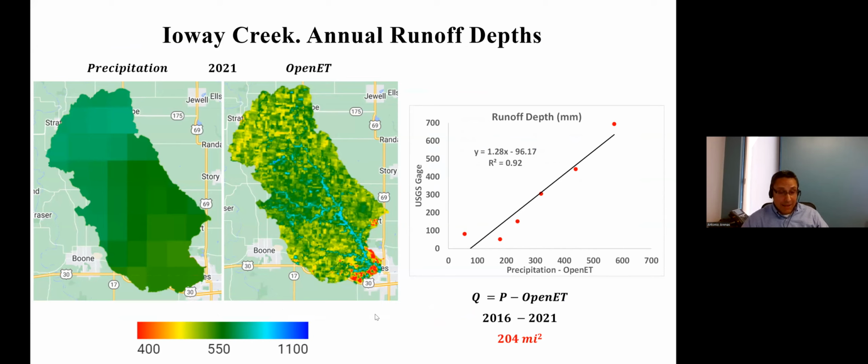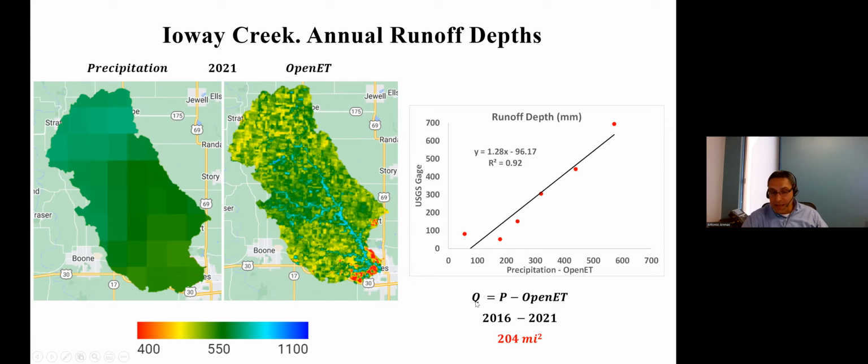What you are looking at here is some calculations that my students did for the Squaw Creek, the 200 square mile watershed that drains to Ames. I'm showing the results of their estimation of annual runoff by creating perhaps the simplest hydrologic model possible.